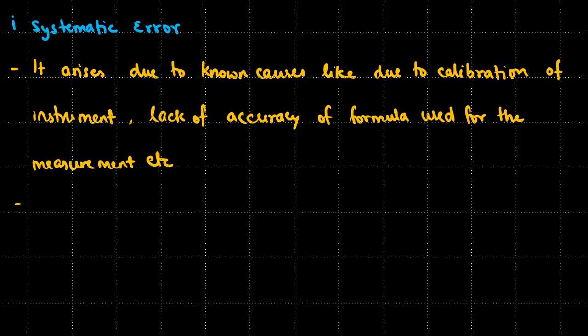Also, this error cannot be minimized by repeating the observations. You might think, how can it not be minimized? If I calibrated my instrument and I had an accurate formula, then this could be minimized.